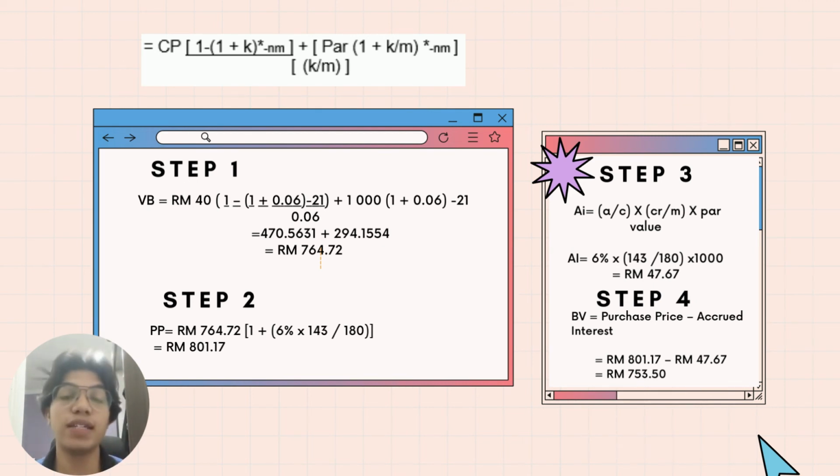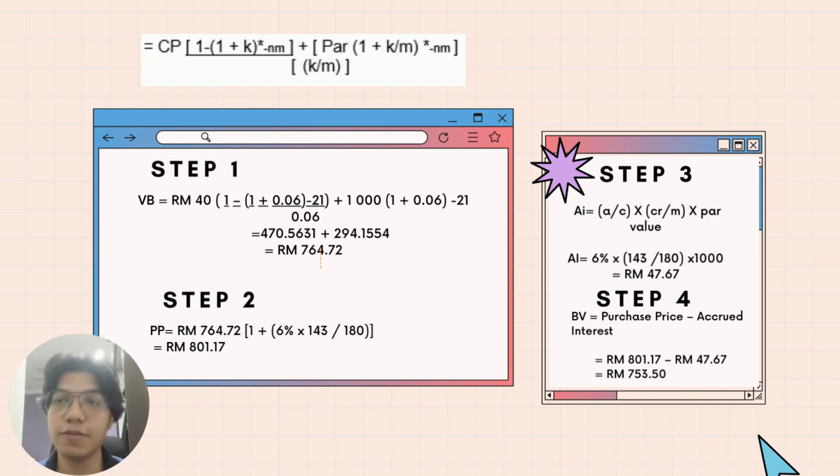For step 2, we will find the purchase price, which the formula is the value of bond times 1 plus 6% or the yield times by 143, which is the A, divided by 180, which is the C, and we got RM801.17.